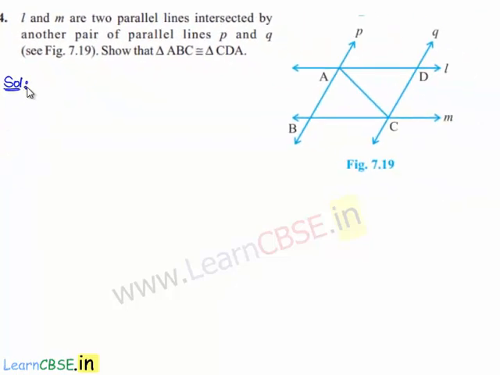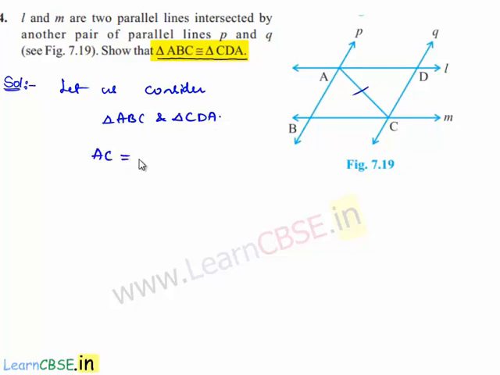Now, moving on to solution. As he asked us to prove the congruency of triangle ABC and triangle CDA, let us consider the triangles ABC and CDA. Now in this, AC is common side for both the triangles.